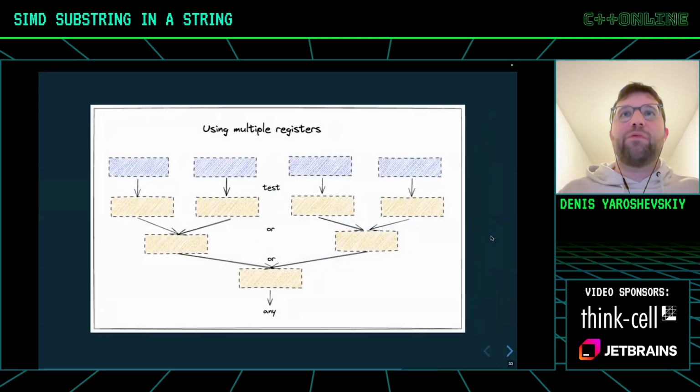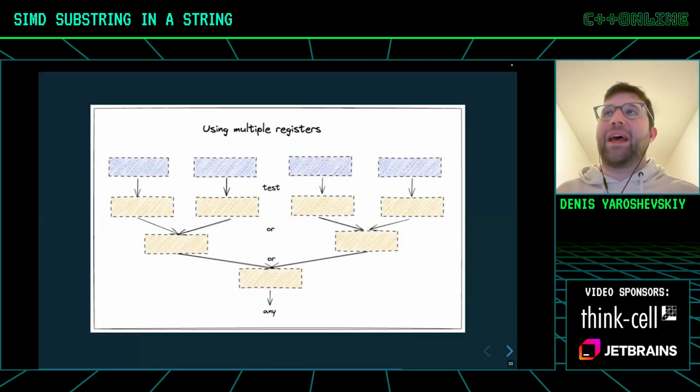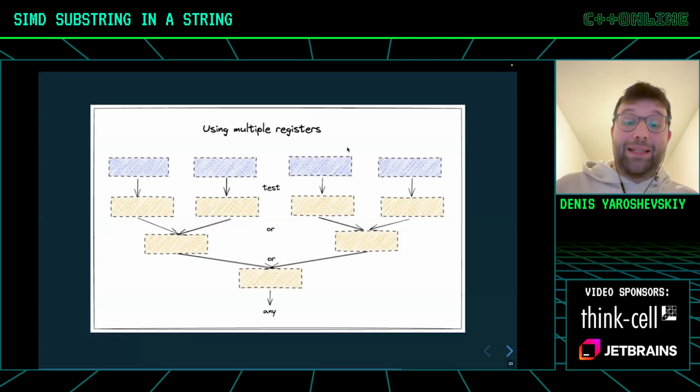This is a scheme we used for find, right? We loaded 4 registers and we compared all of them and we combined them and we did any. I'm not going to ask you to type it, but I'm going to give you a second to think about why I don't like it for search. The problem that I have with this scheme for unrolling pre-checks for search is this any.